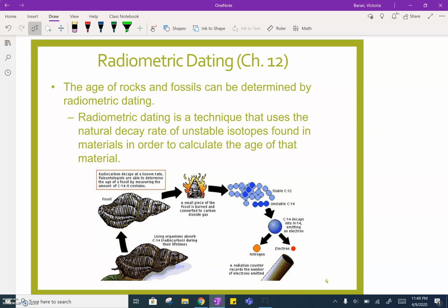So there are certain elements that will decay over time, and we know what that rate of decay is. We know how long that takes. So we can look at a substance that has decayed, a rock or a fossil, and we can measure how much of that has decayed in order to determine a very specific age.